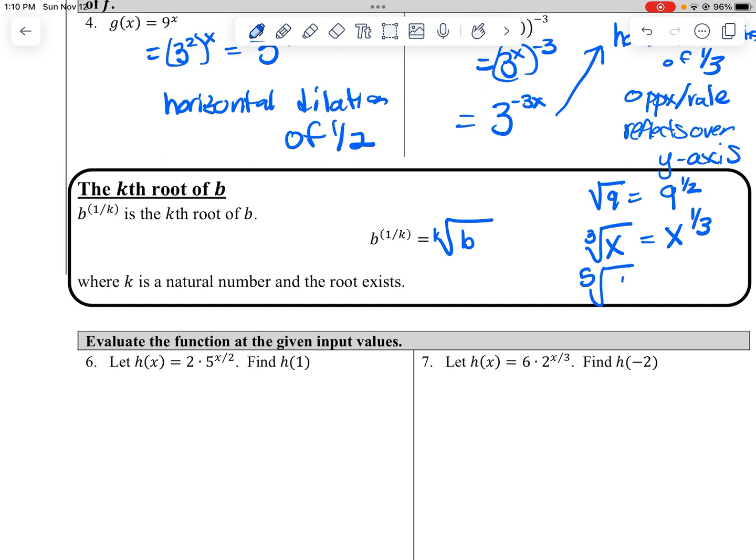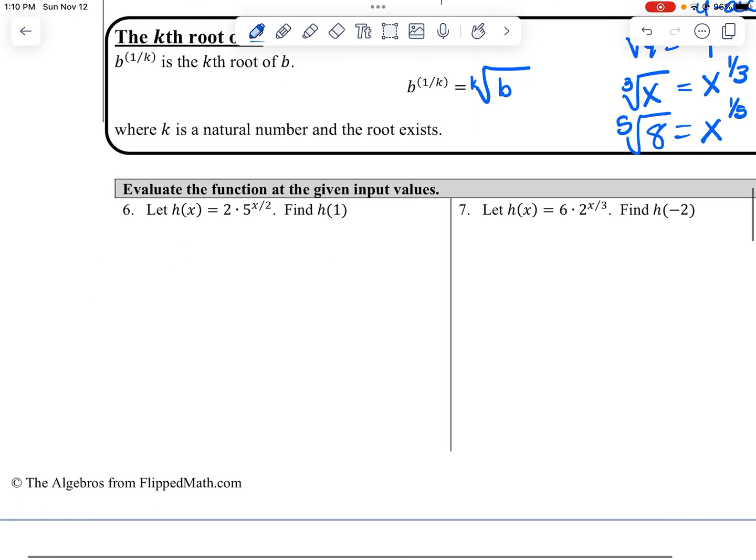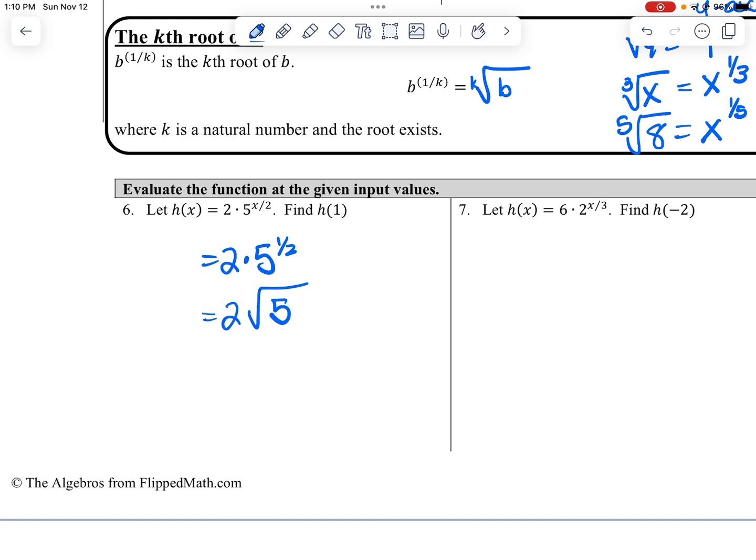The 5th root of 8, that's equivalent to x to the 1/5. So that root goes on your denominator. So if you needed to find h of 1, 2 times 5 to the 1/2, and now the half becomes a square root. So 2 times the square root of 5 is the more common way you'd see it.